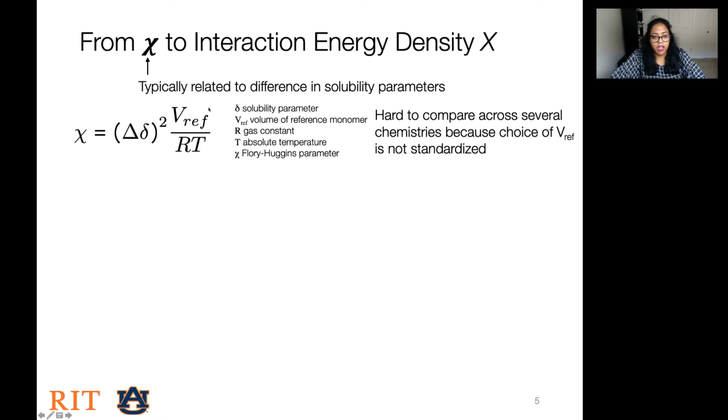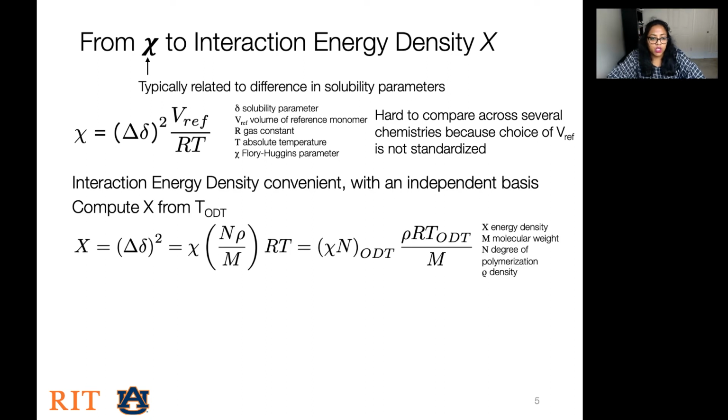Then you have proportionality constants, where you choose a reference monomer volume and scale it on the absolute energy from the kinetic contribution, RT. This is a little non-standardized technique because the choice of V_ref is not standardized, and it can be hard to compare across many different chemistries.